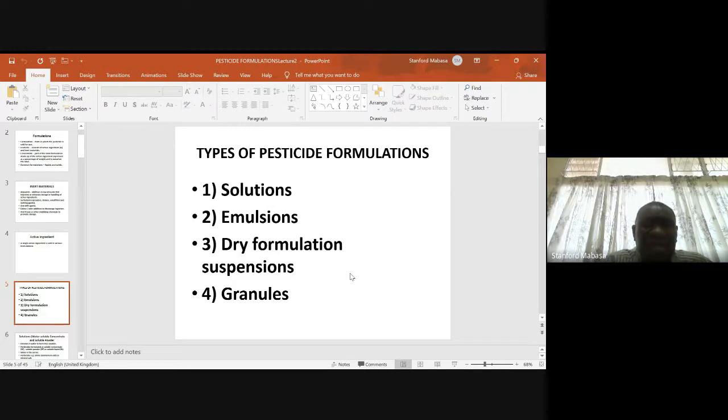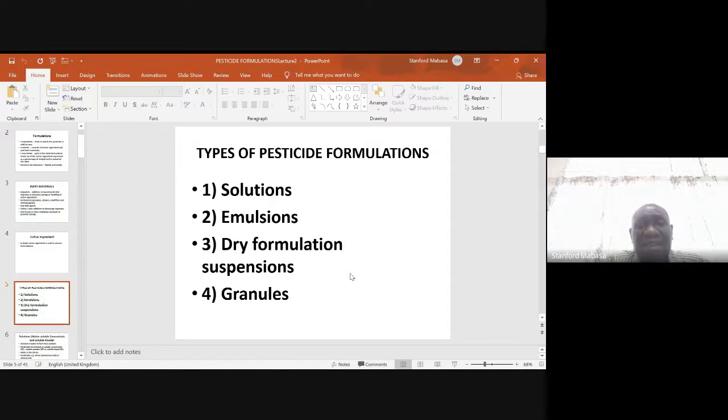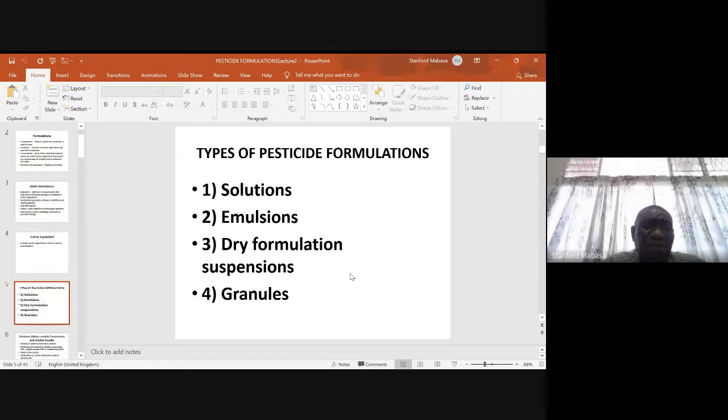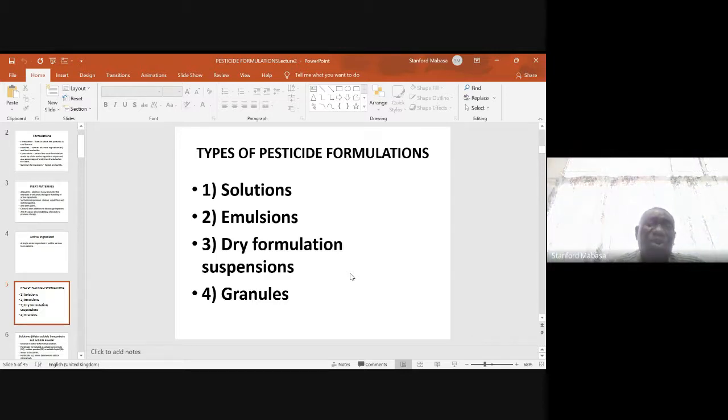Number 1, we could have solutions. A pesticide in the form of a solution. It can be in the form of emulsions. We may have dry formulation suspensions, or we could simply have granules. This is the broad classification of formulations.